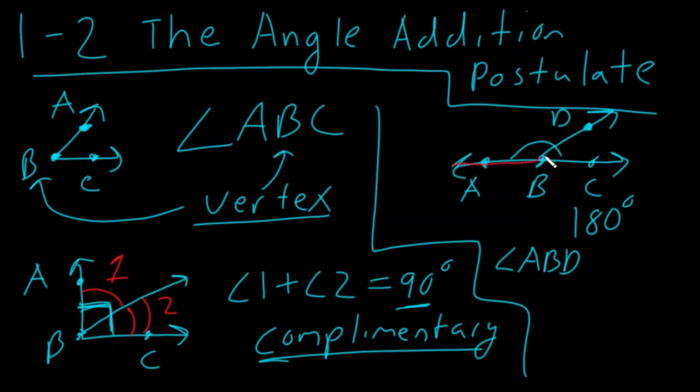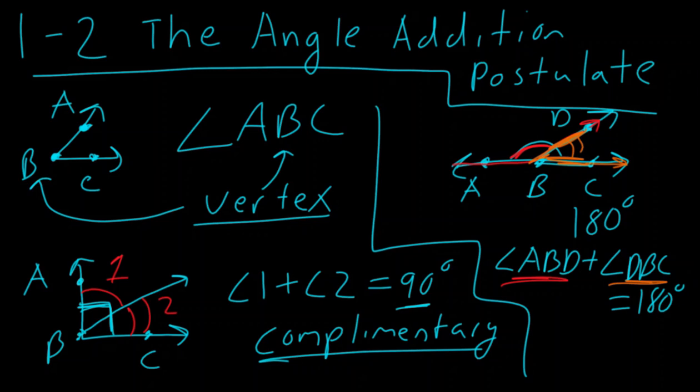Angle A, B, D, so it's this portion right here, plus angle D, B, C equals 180 degrees. Let me even use a different color to underline that, DBC. So I go D to B to C, and I'll use 2 arcs to show that it's different.